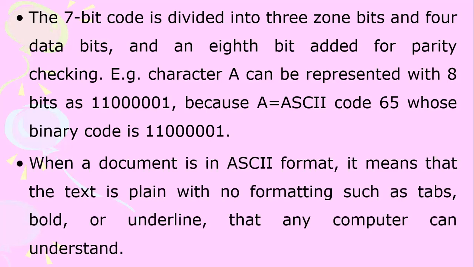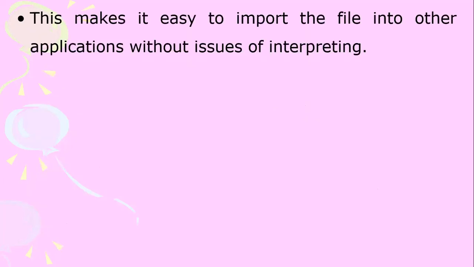When a document is in ASCII format, it means that the text is plain with no formatting, such as tabs, bold, or underline, that any computer can understand. This makes it easy to import the file into other applications without issues of interpreting.